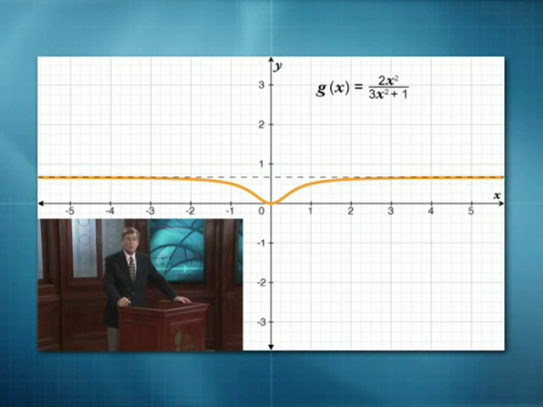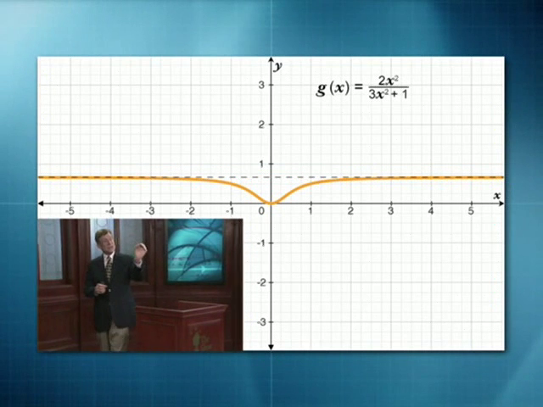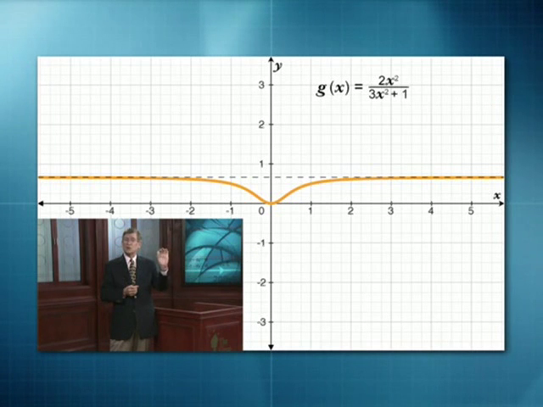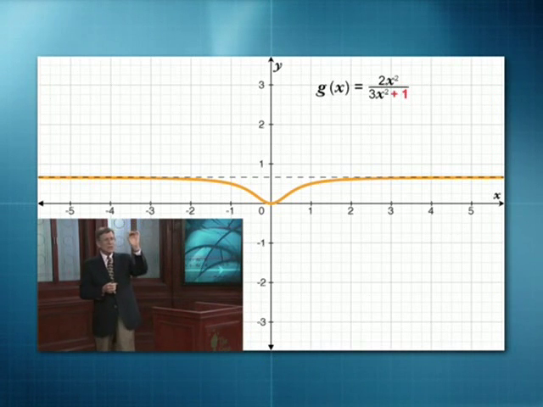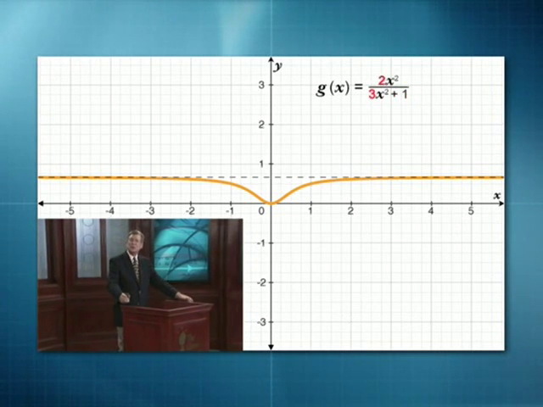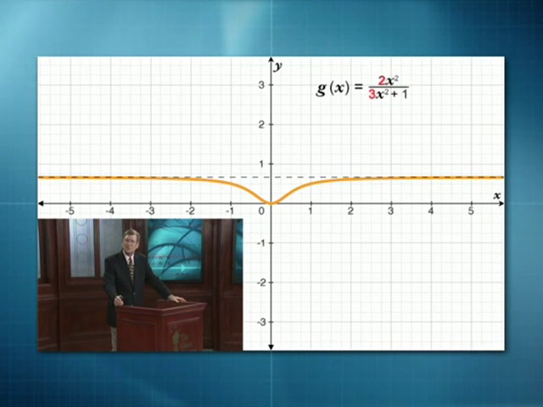Now, why is that true? Well, do the same informal argument. The numerator is 2x squared, the denominator is 3x squared, and when x is large, you can ignore that plus 1. And it's something times x squared divided by something else times x squared. The leading coefficients, 2/3, determine that horizontal asymptote.